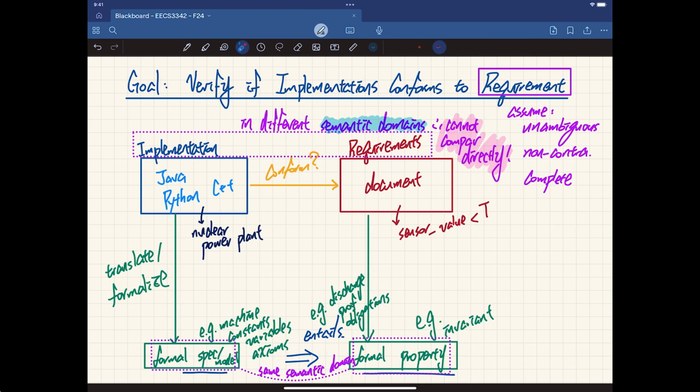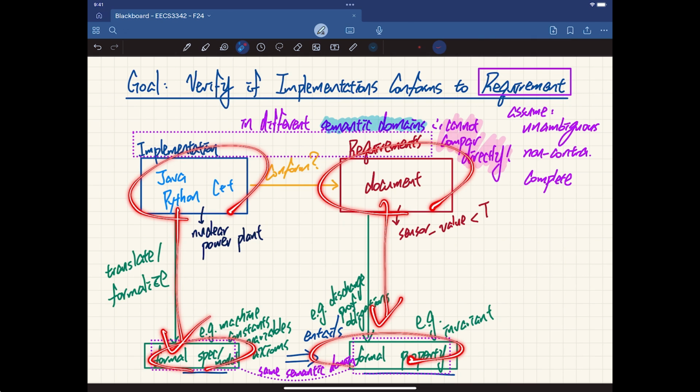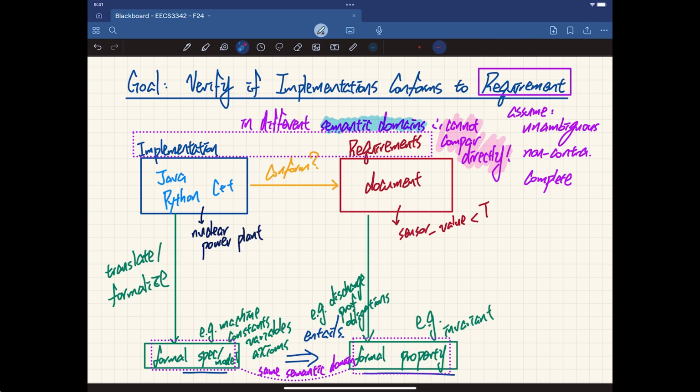And I want to fill the gap over here. Let's say you want to take this general approach. Let's say you want to verify something against something. You know that you cannot do it directly. The way to do it is to somehow translate this and translate this into something that's common, in the same semantic domain. Event-B can just be one. All right? Now, the question is, how do you go from here to here?